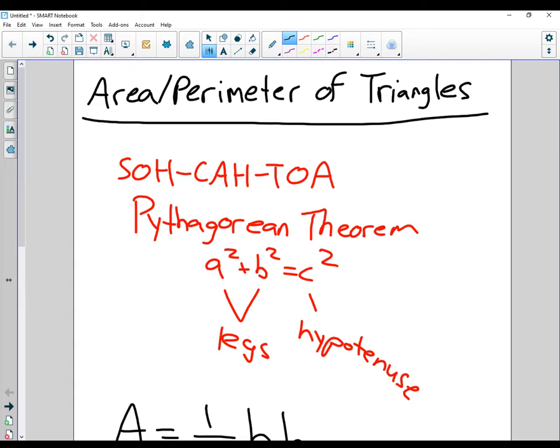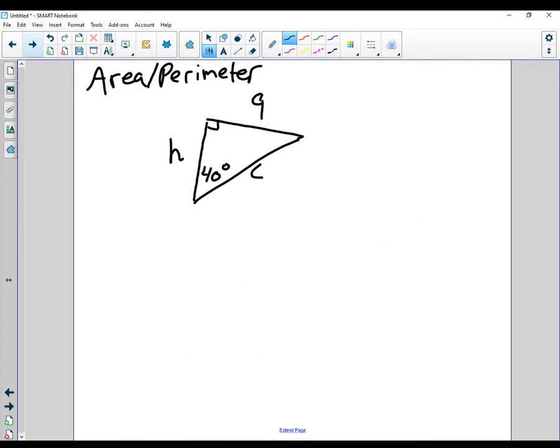Trig, right? Pythagorean theorem only involves the sides, but those sine, cosines, and tangents, remember, this x or whatever that came after them was an angle. So if you see an angle, we better be using trig.